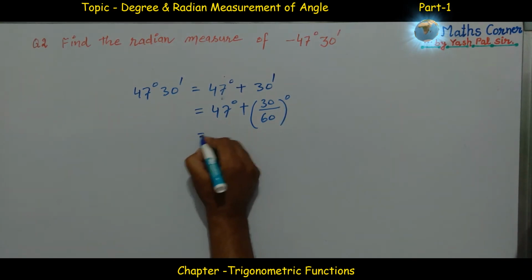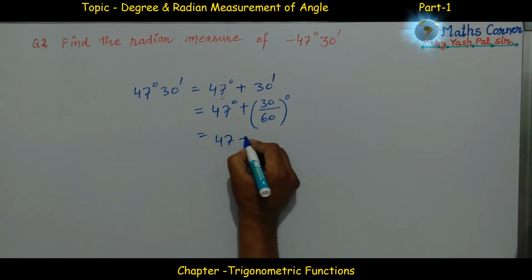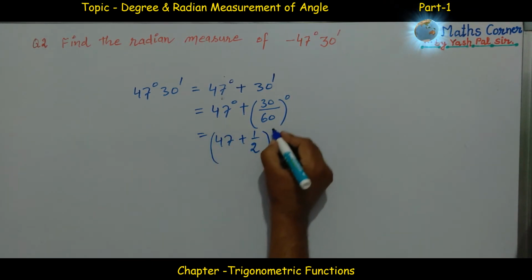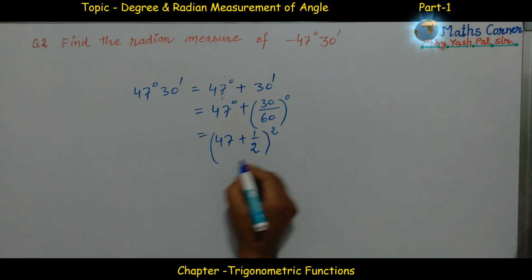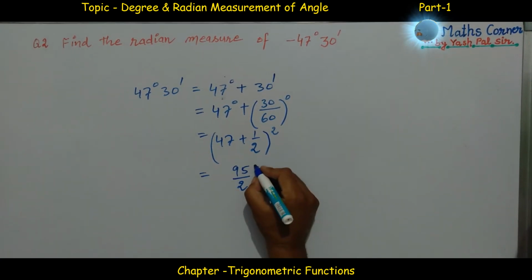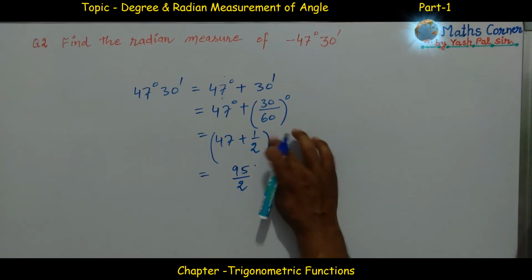So this is equal to 47 plus 1 by 2 degrees. Finally, this is equal to 95 upon 2 degrees.